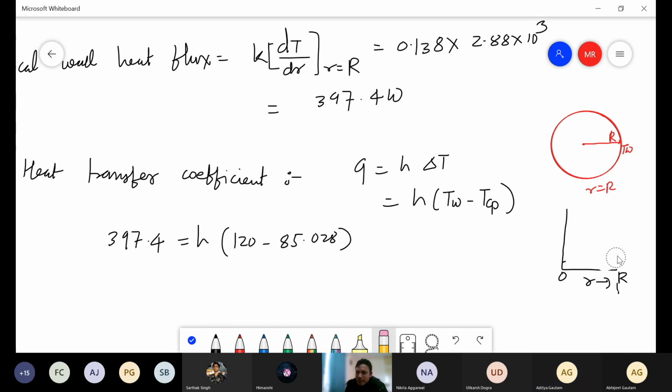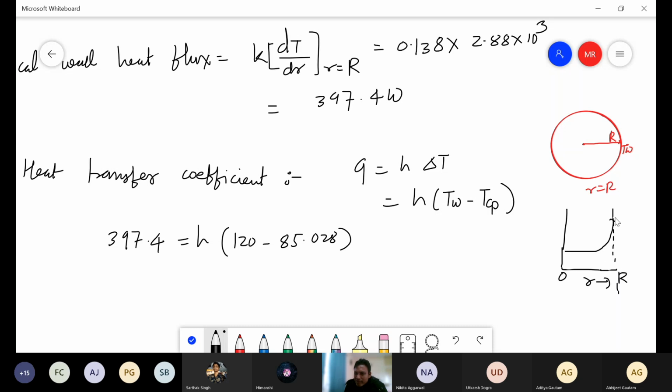Maybe a more realistic representation will be this. From 0 to R, your temperature will be something like this, and then here the film is there.